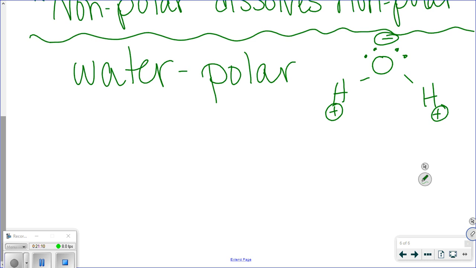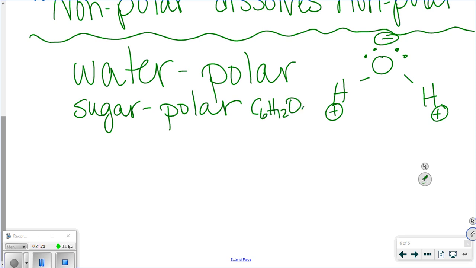So water is polar. Anything that is polar is going to dissolve in water. Okay? Sugar. Sugar dissolves in water because sugar is polar. Okay? Remember it's C6H12O6. Look at all those oxygens, right? And then look at all those hydrogens. So he's got two different poles. Okay?